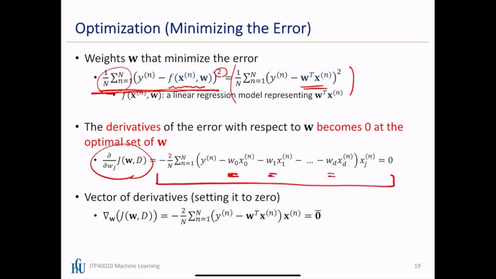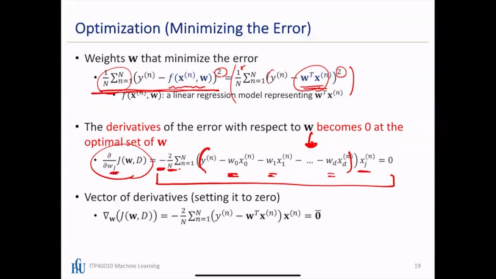That is easy to come up with because you take the 2 over here, so n over 2, and you take the inside, stay there, and you're going to take the derivative of the inner function, so that will be minus x. So eventually this is the partial derivative.